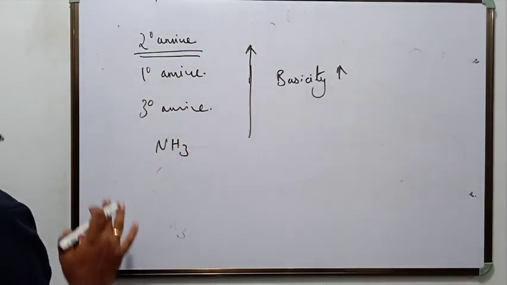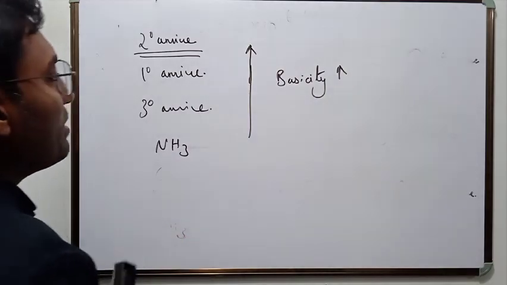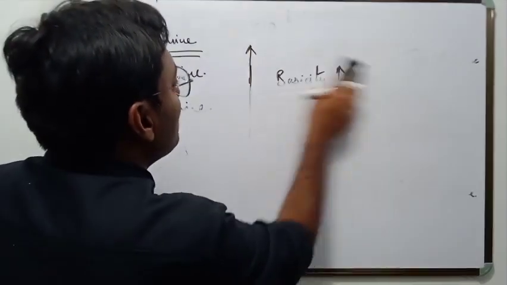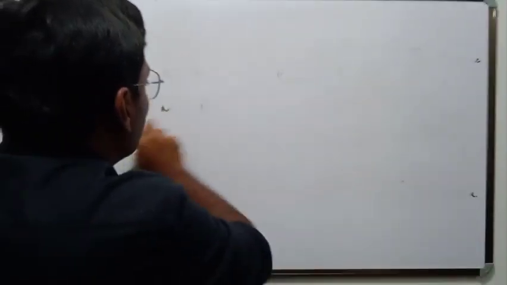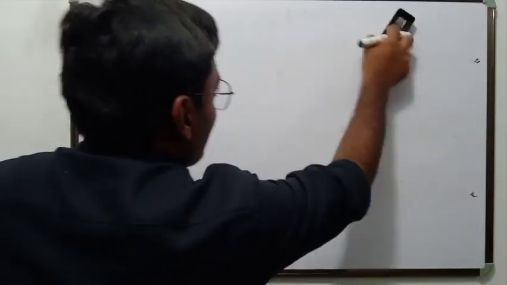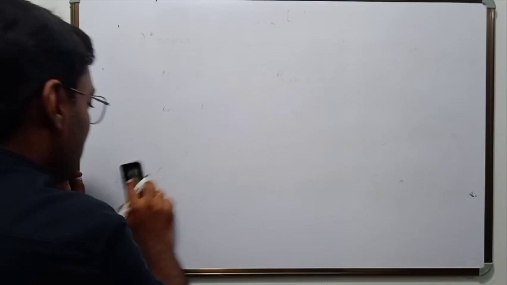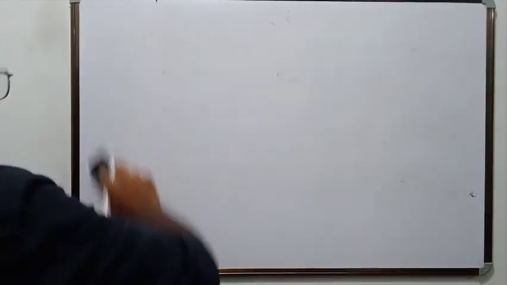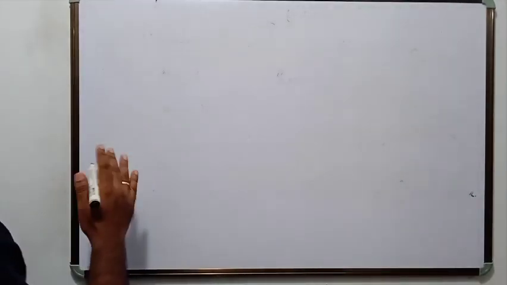Let us now go to the third part of this video, where we will reason out and give the reason for the basicity of secondary amine. For this there are two types of reasoning.